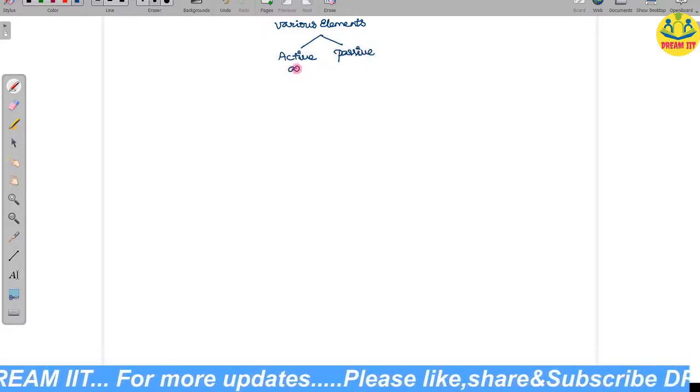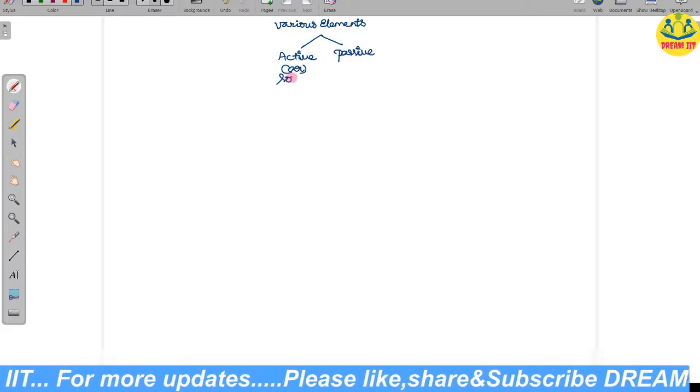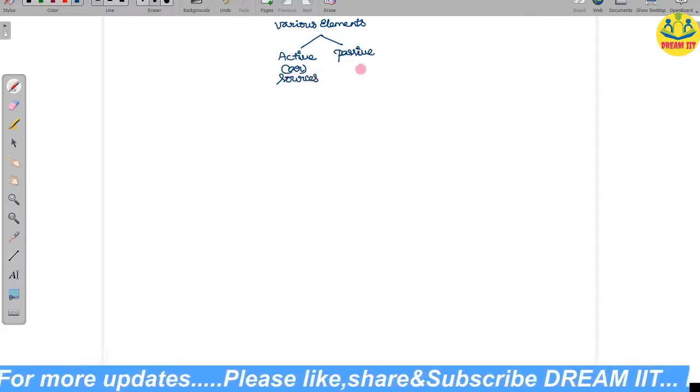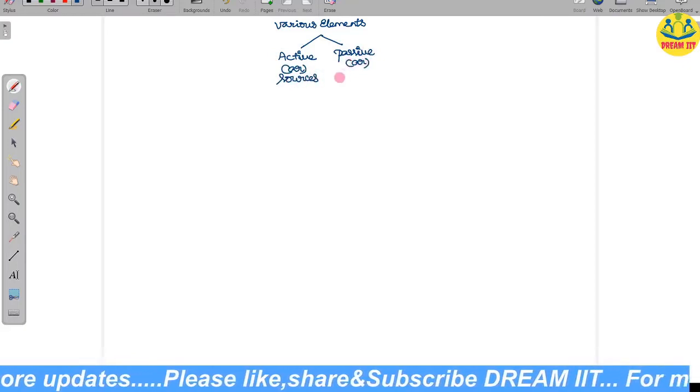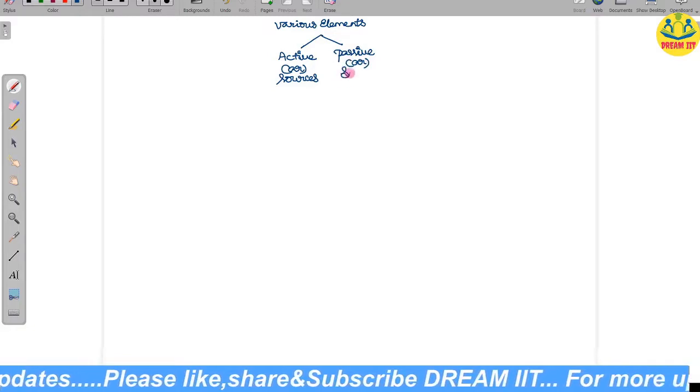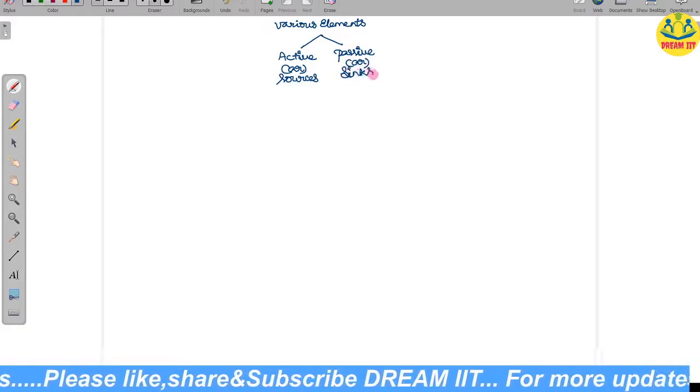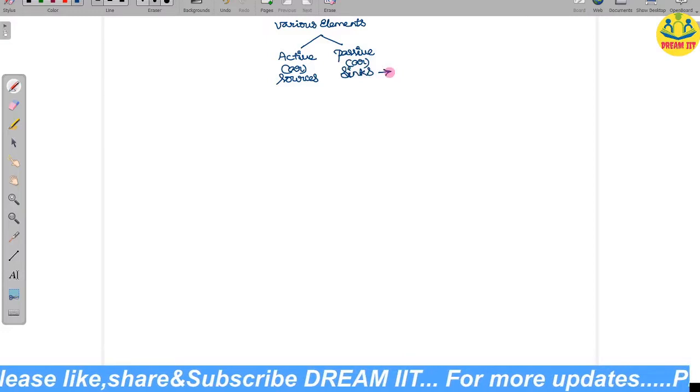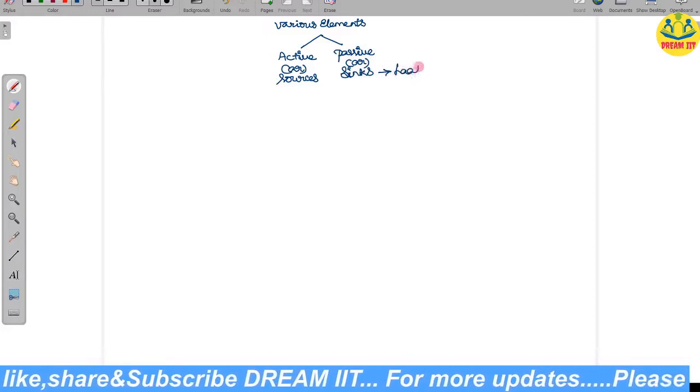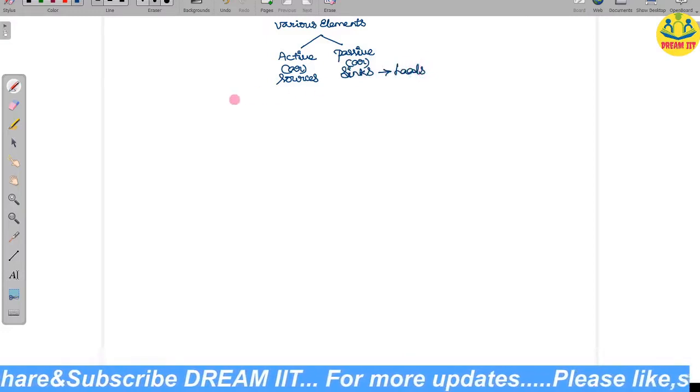Active elements are also called sources, and passive elements are also called sinks. Sinks are also called loads. So let us see in detail.